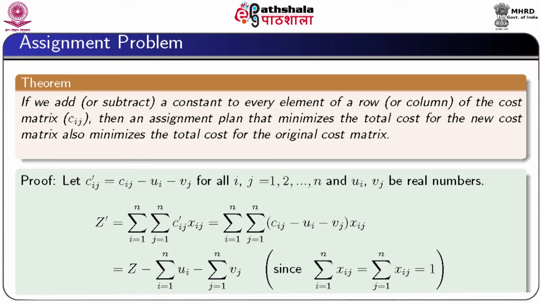This shows that the optimal solution of the newly formed objective function and the original one is the same, as sigma ui and sigma vj are independent of xij.